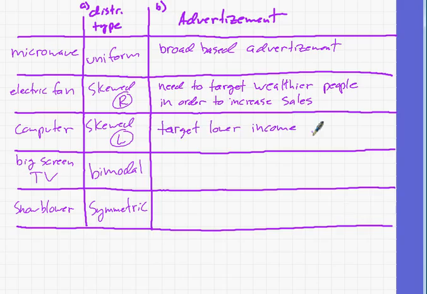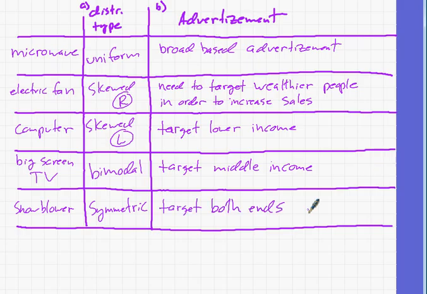With the skewed left, with the computers, it's quite the opposite. You'd have to target the lower incomes so that you could increase sales from that segment. And of course, with the bimodal, you're going to have to target the middle because they're the ones not buying the big screen TVs. So you have to encourage those folks to spend their money on your product.